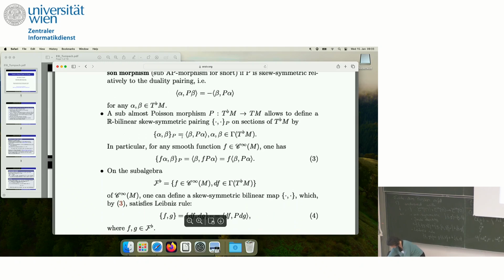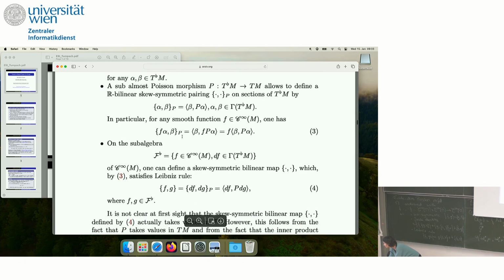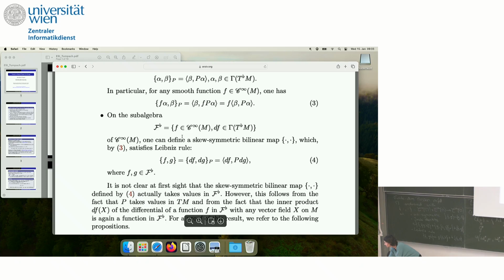Then there is another approach using a Poisson subalgebra, a Poisson subalgebra of the algebra of smooth functions. So we restrict the functions that we will be able to bracket.